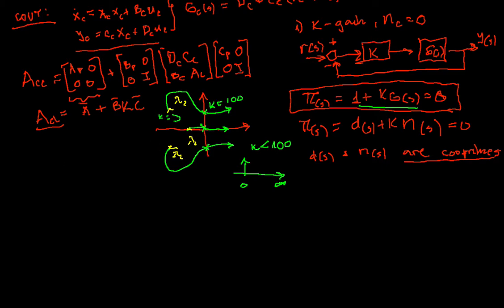Now, let us look at an example where we have the following plant, and we have a gain-based controller. So just a simple gain.